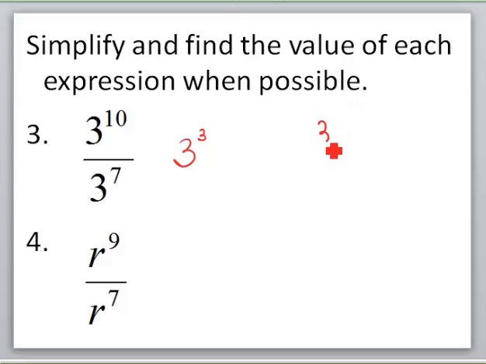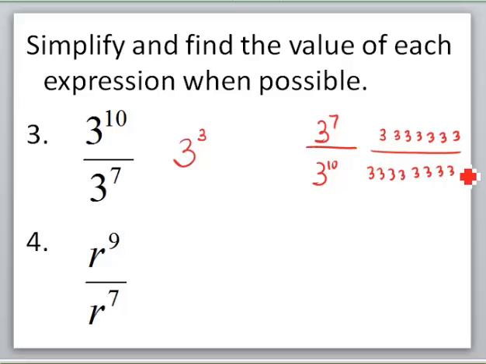I almost hate to do this because when we start getting into other problems, and we have maybe 3 to the 7th over 3 to the 10th, my 3 to the 3rd isn't on the top anymore, and I want to show you this. There are 7 3s, and here I have 1, 2, 3, 4, 5, 6, 7, 8, 9, 10 3s.